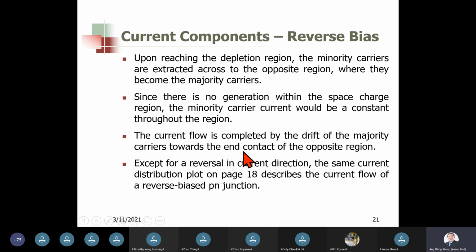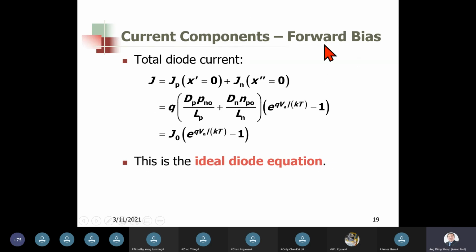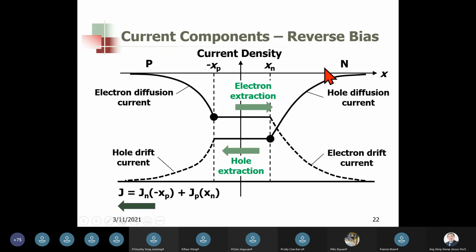In fact, the assumption of forward bias during the earlier discussion was made just to facilitate the discussion. There is no need to make this assumption actually. All right, so that completes the whole picture.